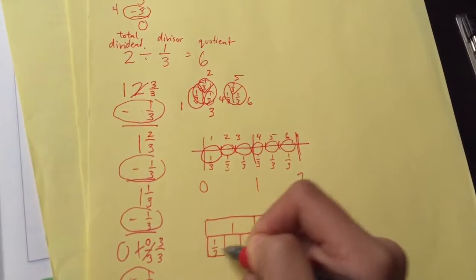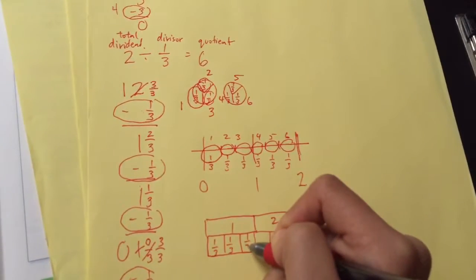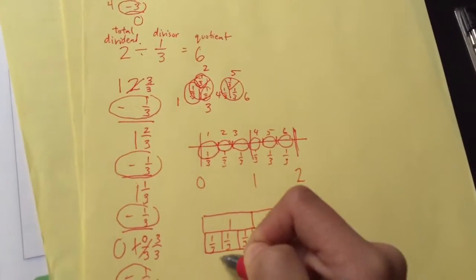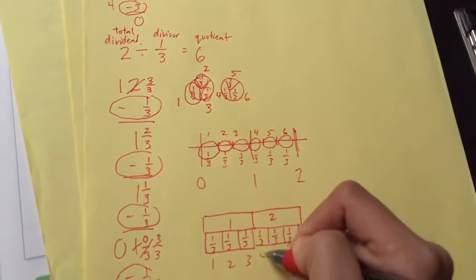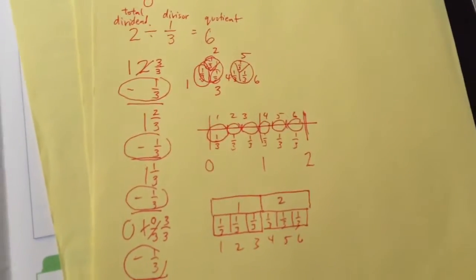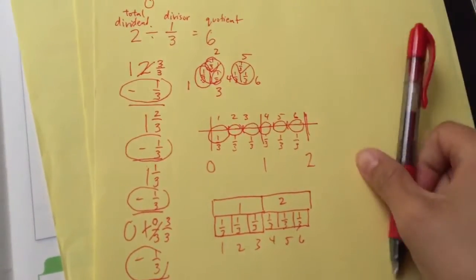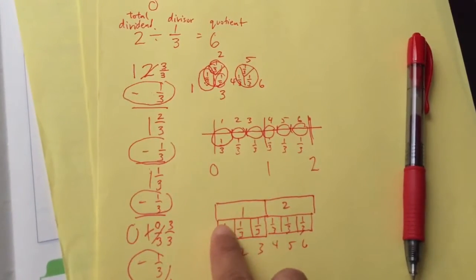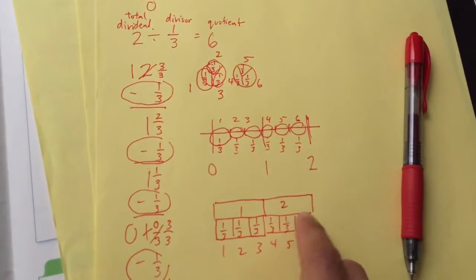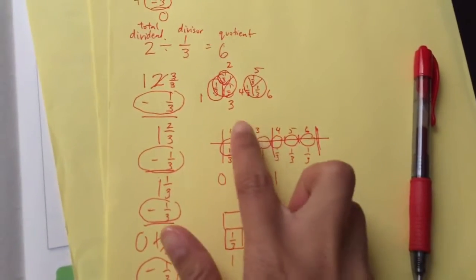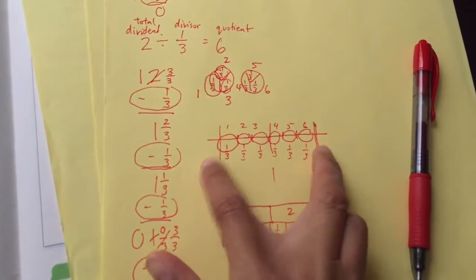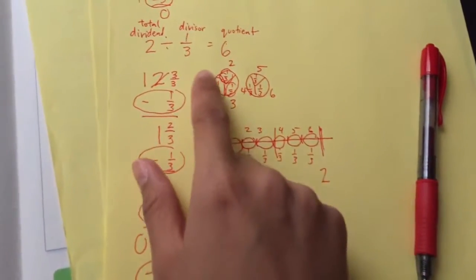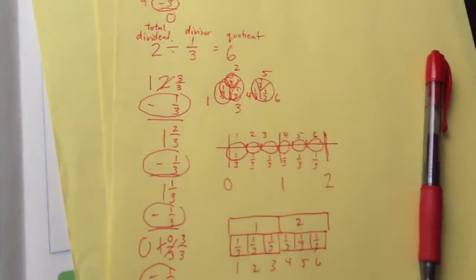So you have 1, 2, 3, 4, 5, 6. What you're doing each time is you're taking 2 wholes and you're giving everyone less. You're giving them 1/3, 1/3, 1/3, 1/3, 1/3, 1/3. You give it to 6 people. You have 1, 2, 3, 4, 5, 6 thirds.